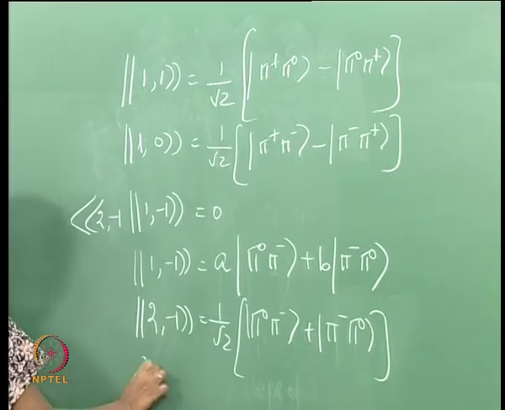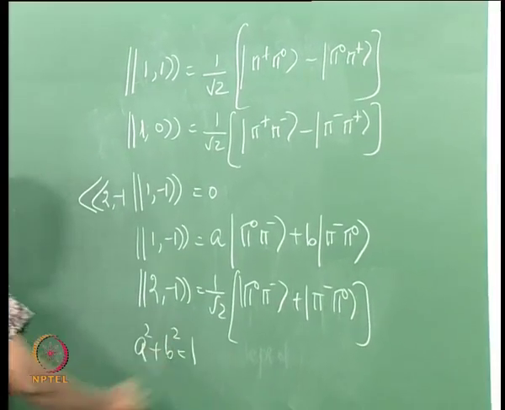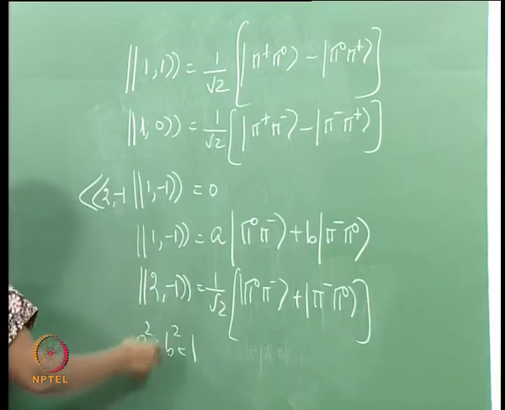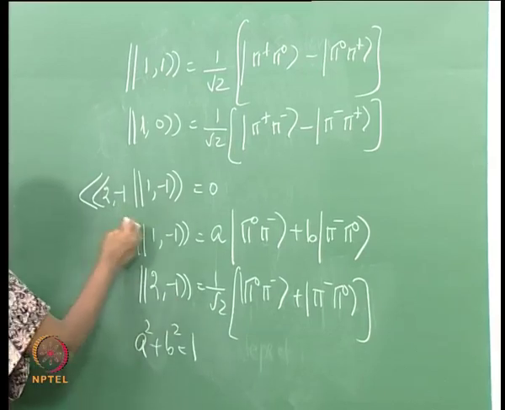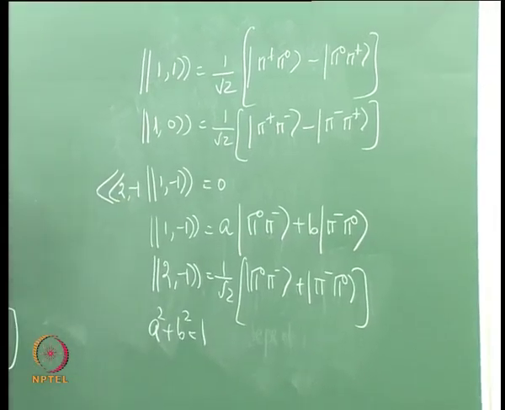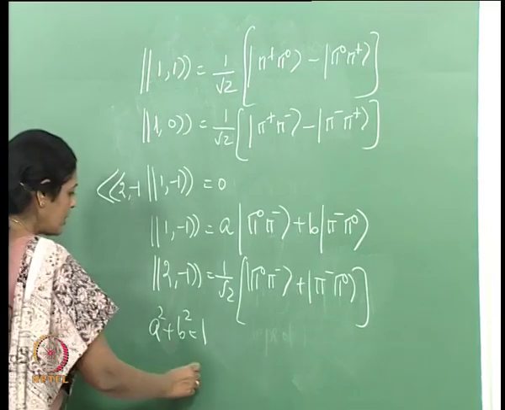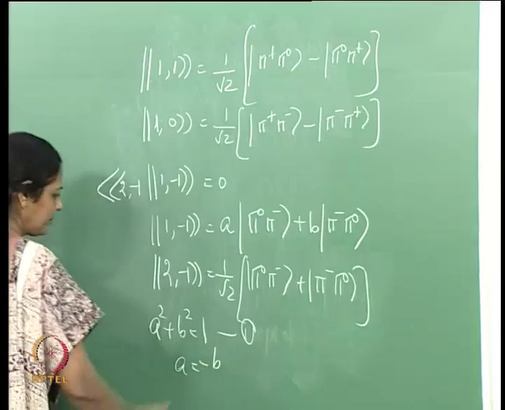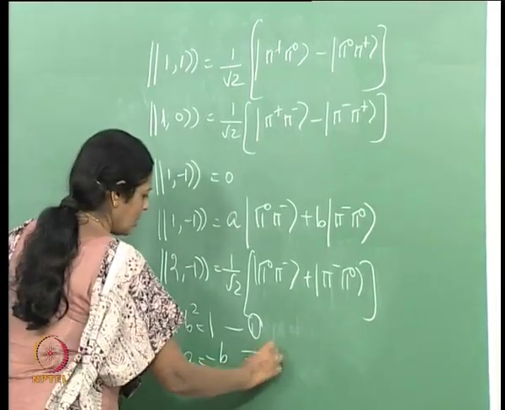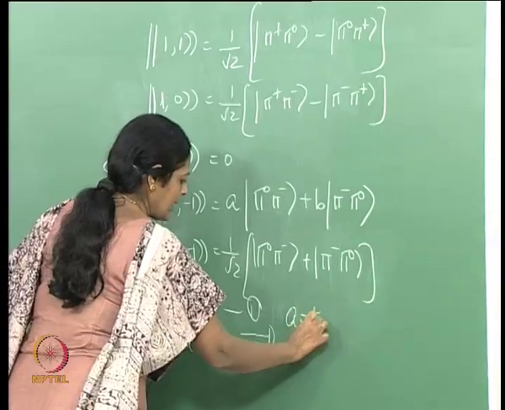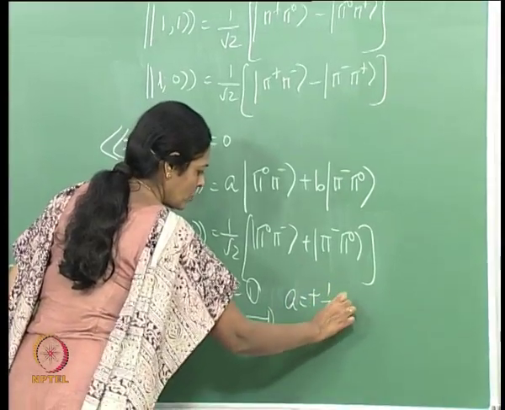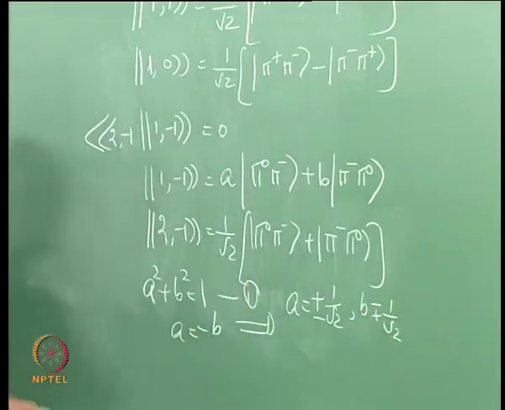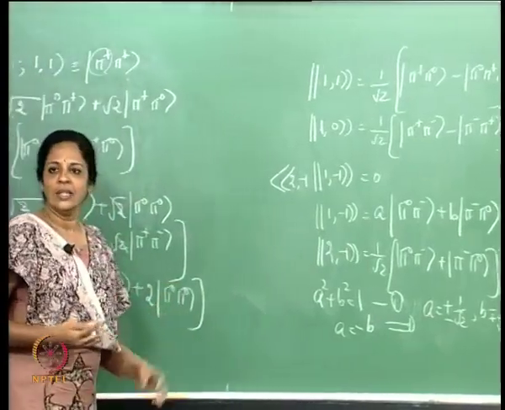I have a squared plus b squared equals 1 as always, and the fact that 2, minus 1 is orthogonal to 1, minus 1 gives me the second relation a equals minus b, which implies that if a is plus 1 by root 2, b is minus 1 by root 2 and vice versa. I use the convention that I used earlier.